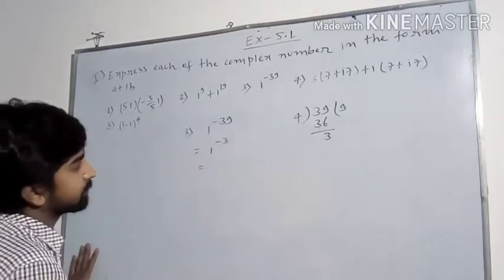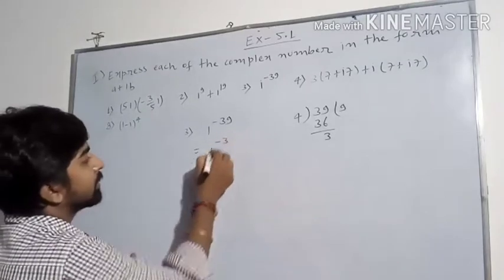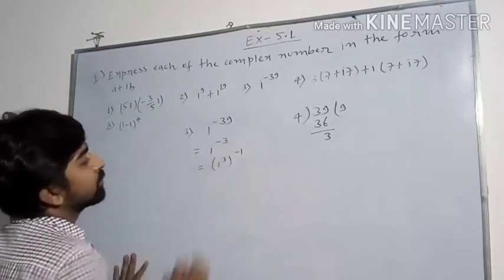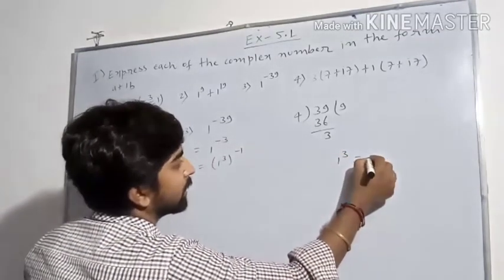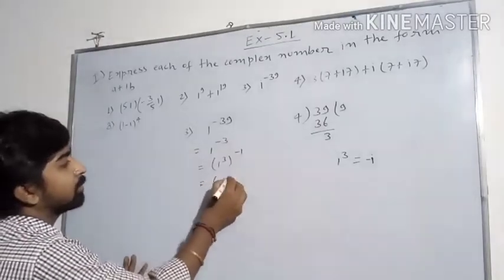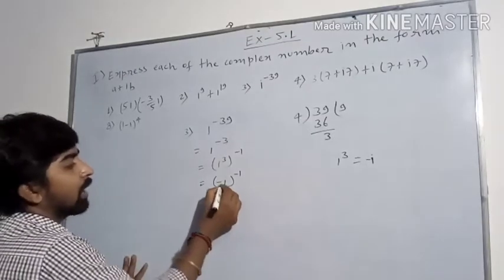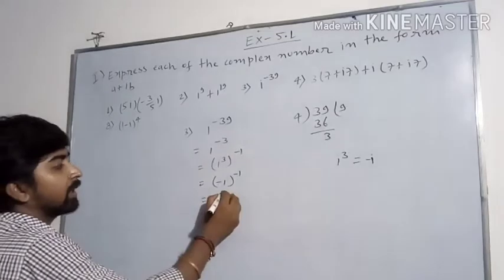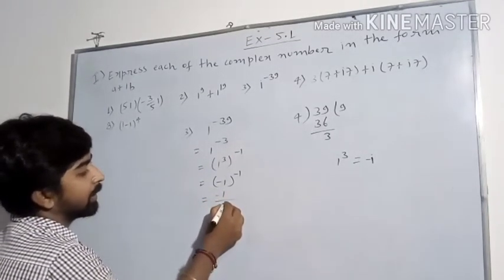Students, we can write it i cube to the power minus 1. Since we know i cube equals minus i, so we will write minus i to the power minus 1, and minus i to the power minus 1 means reciprocal of minus i, that is 1 by minus i, or minus 1 by i.